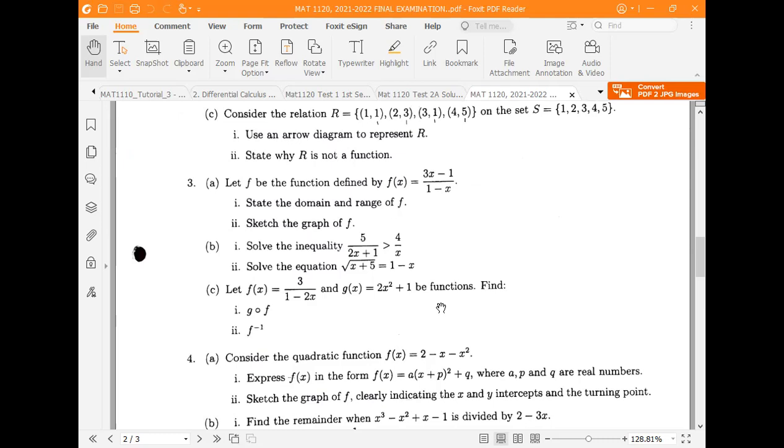We use the same principle. Yes, it will be the same principle. After you found what they are looking for, if they tell you to find the domain of this, you must first find the g of f. That's when you can think of finding other things.